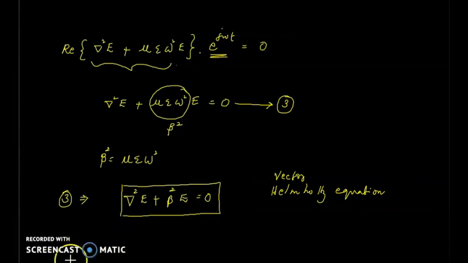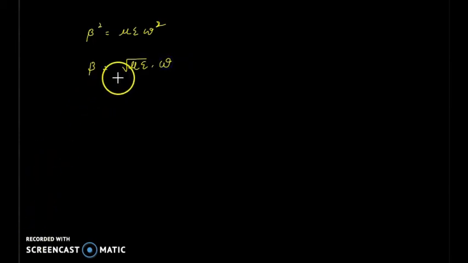Now we proceed with beta square, which is a new term introduced. Beta square is mu epsilon omega square, so beta becomes root of mu epsilon times omega. The velocity of an electromagnetic wave depends on the permeability and permittivity of the medium. Here, mu and epsilon represent the constants of the medium, the permeability and permittivity. So the velocity can be expressed as v equal to 1 by root of mu epsilon.